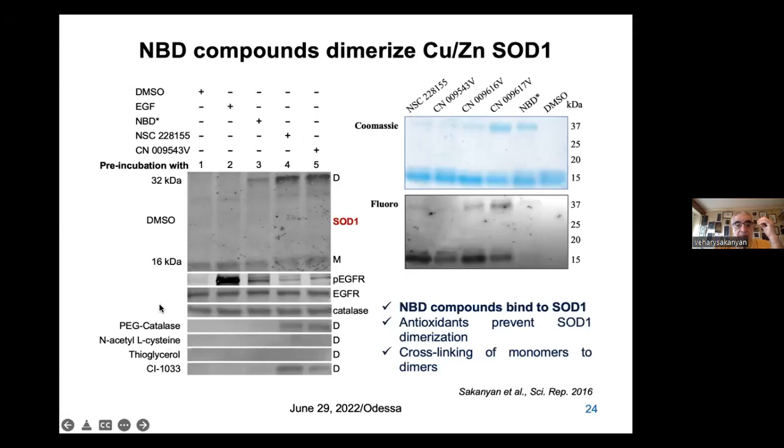And in this picture, we can see also, when we use anti-reactive oxygen species agents, like N-acetylcysteine and thioglycerol, that there is practically no formation of bonds to the superoxide dismutase. So it's the position of 16 kilodalton in our case.